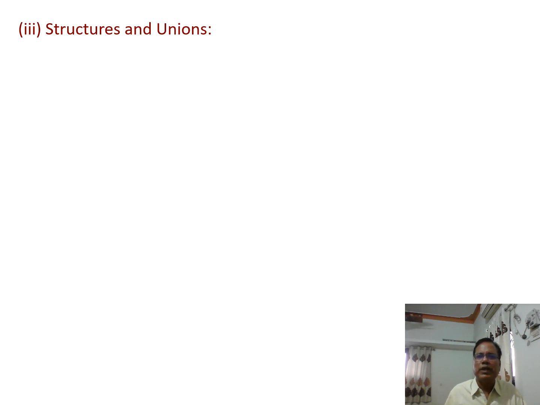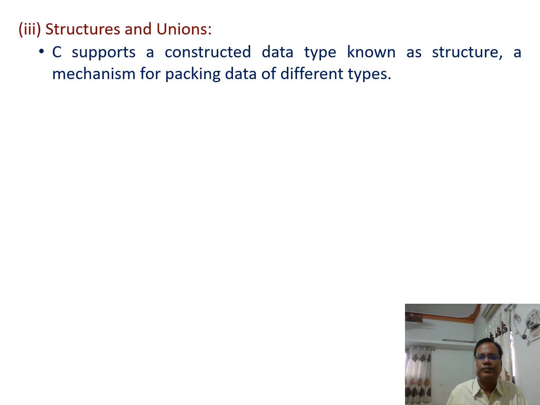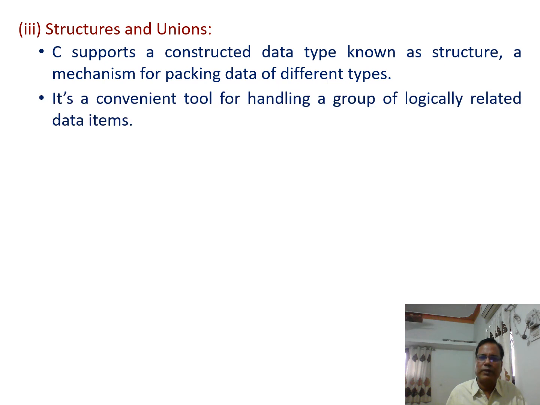Now, structure and union, which are derived data types. A brief discussion about them here. C supports a constructed data type known as structure, a mechanism for packing data of different types, that may be integer, character or float.